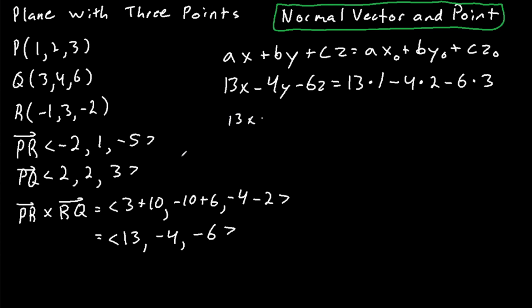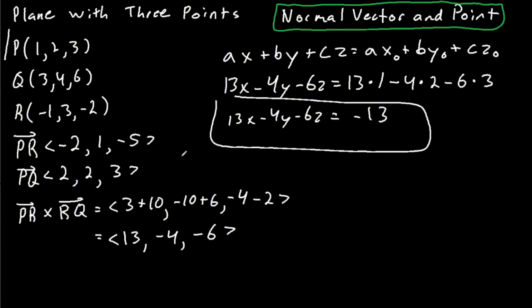Then we get 13x minus 4y minus 6z equal to 13 minus 8 minus 18, which is -13. Let's double check that. I literally don't trust my arithmetic after one video. Yeah, -13. Okay, so this is the equation of the plane.